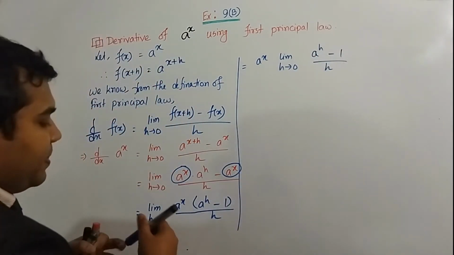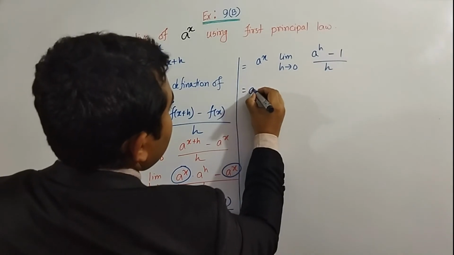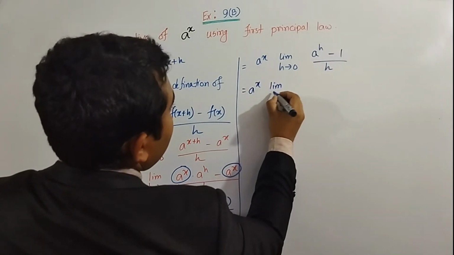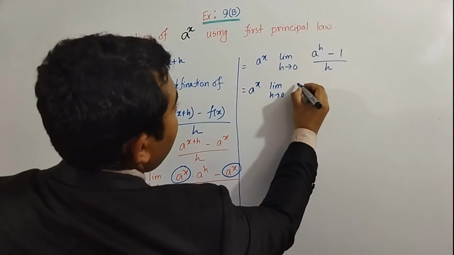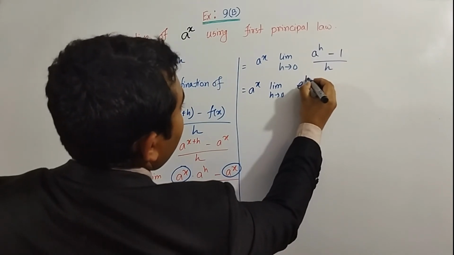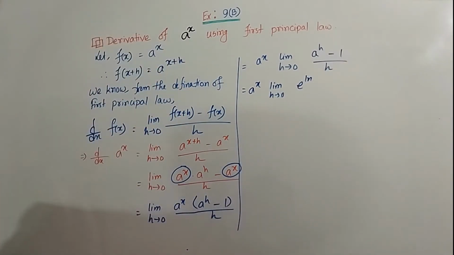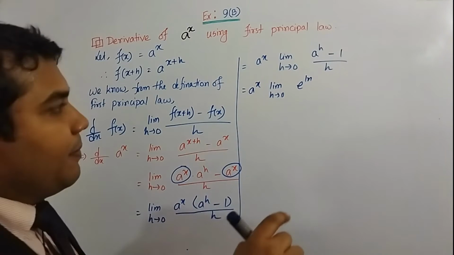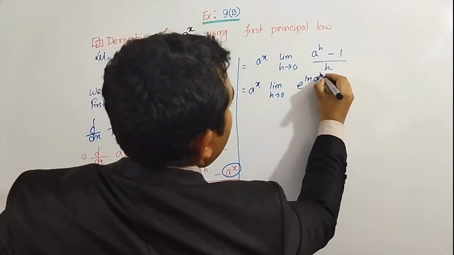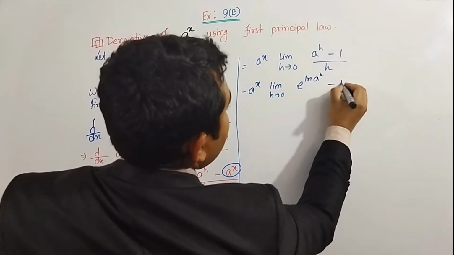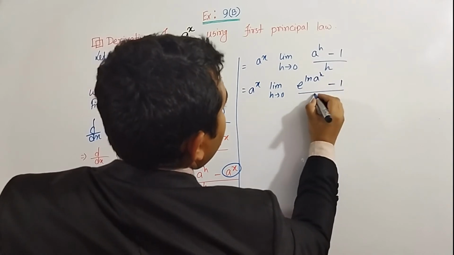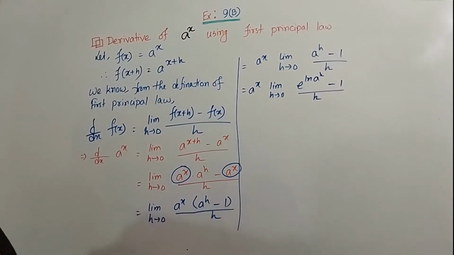But we have a way: we can write a as e to the power ln a. Actually when we write e to the power ln a, then it represents a to the power h minus 1 divided by h.